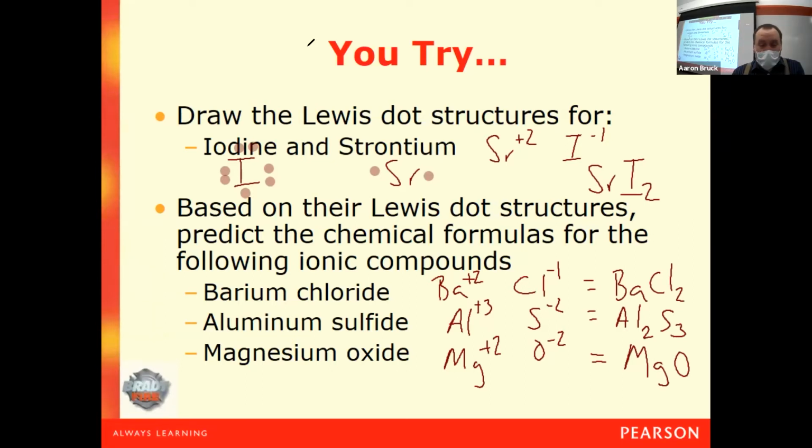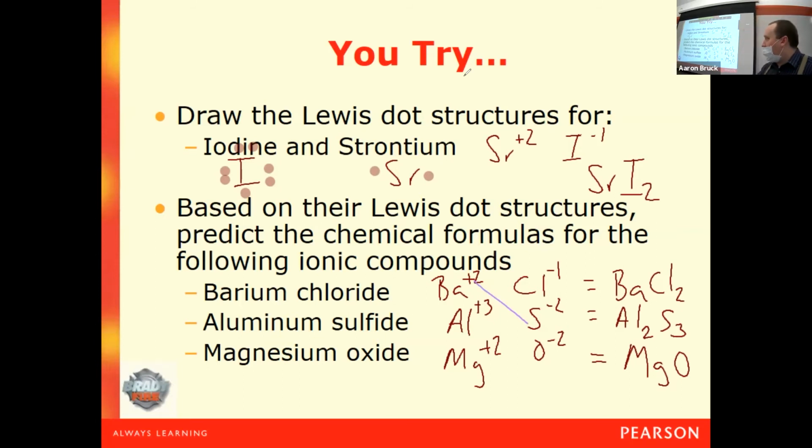Now, one thing I want you all to recognize is that this process would work for any of the compounds and any of the ions that we mentioned. So if I wanted to look at the result of barium and sulfur, it's +2 and -2. The formula for barium sulfide is BaS.